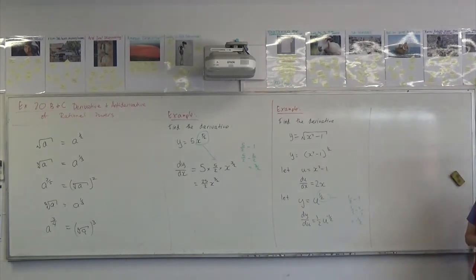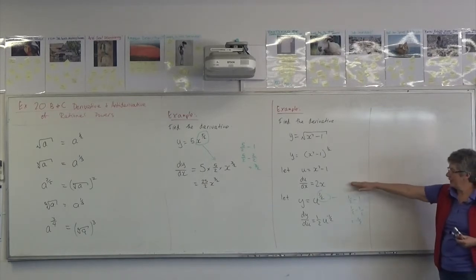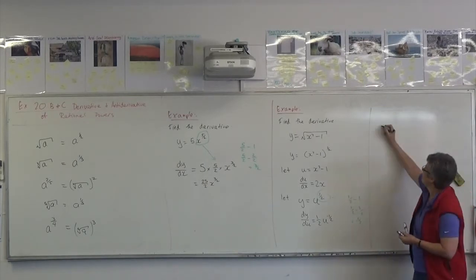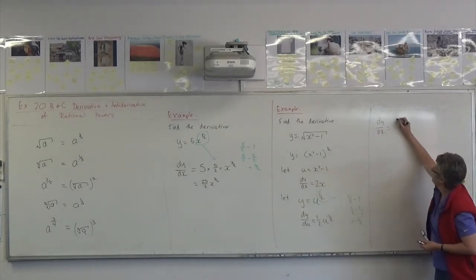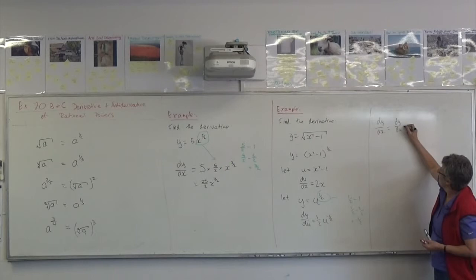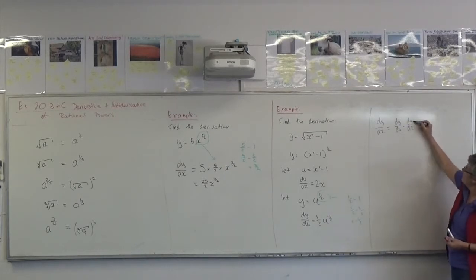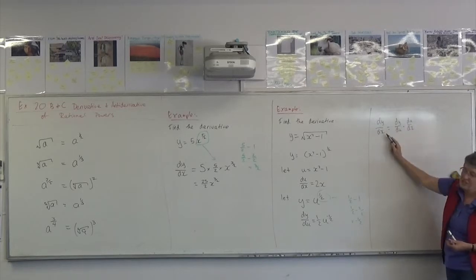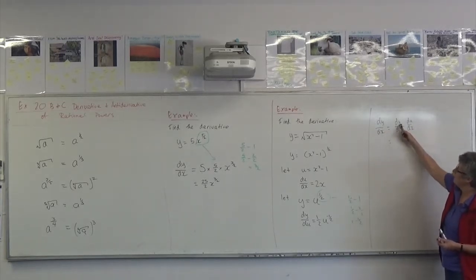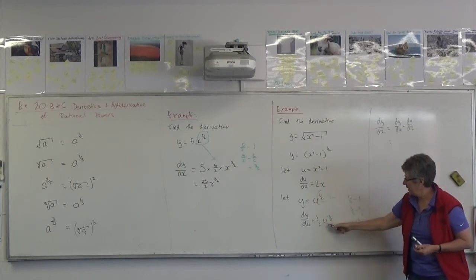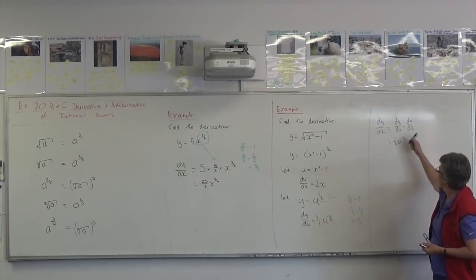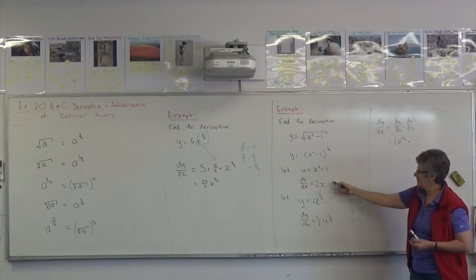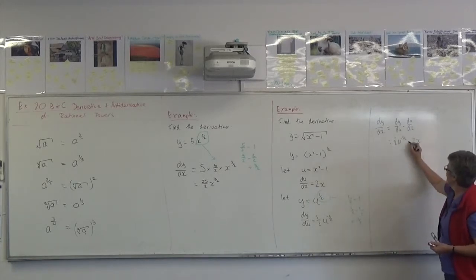Rightio. So I'm using my chain rule, I found that and I found that, but I actually want to find dy/dx. Isn't that like du/dx times dy/du? Yep. So dy/du times du/dx, they cancel out, which gives me dy/dx. So dy/du, I found that over here, which is a half u to the minus half, times my du/dx, which is 2x.